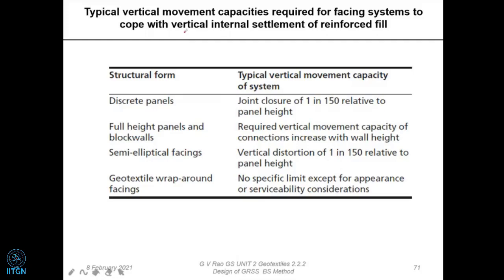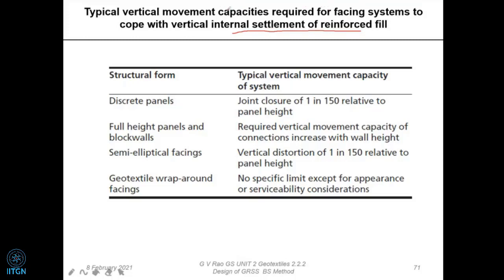So, typical vertical movement capacities are required for facing systems to cope with the vertical internal settlement of the reinforced soil. Vertical internal settlement means we're not talking about the foundation, we're talking about the settlement within the wall. If there are discrete concrete panels, the joint closure will be 1 in 150 relative to panel height.